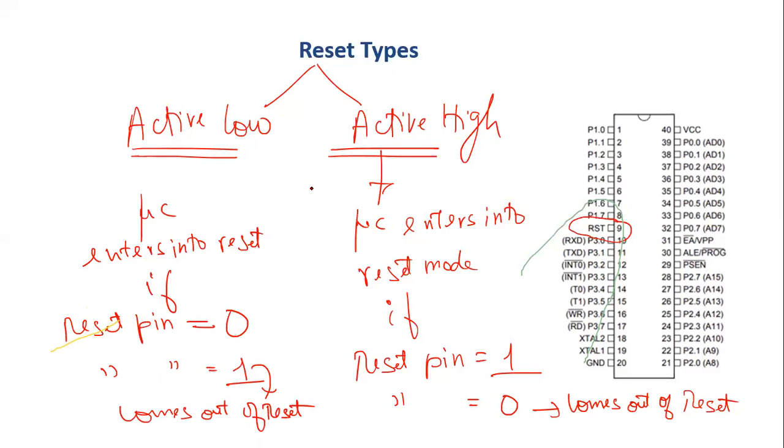So that is the basic difference between an active high and an active low reset. Functionally, both of them are the same. They are distinguished by the way you force a microcontroller into reset mode. For active high resets, we connect the reset pin to logic high. For active low reset microcontrollers, we force the reset by making that pin logic 0. That is the difference.